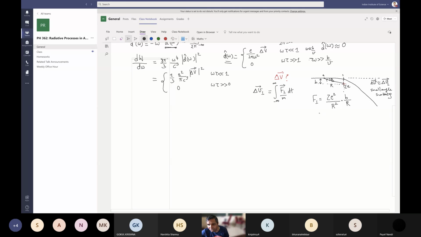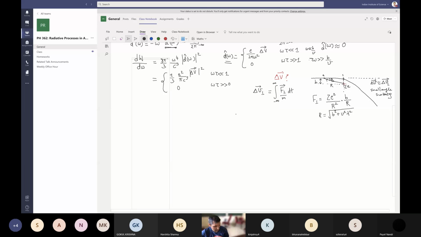And what is R? R is nothing but the square root of B squared plus V squared T squared, right? At time t equal to 0, the charge is right here, and at earlier times, this is just Pythagoras theorem, where the two perpendiculars are B and VT. So this is the magnitude of the distance.